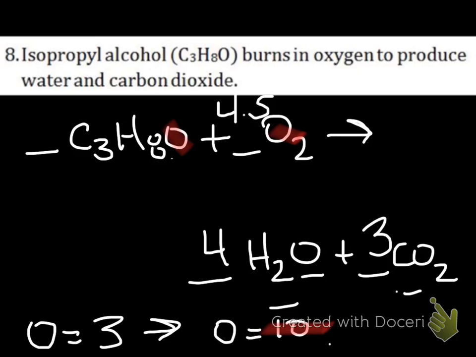If I don't like the half, I have the fraction here, the 4.5. What I can do is whenever I do that, I can double everything. By doubling everything, it puts 2 moles of isopropyl alcohol. 4.5 times 2 is 9.